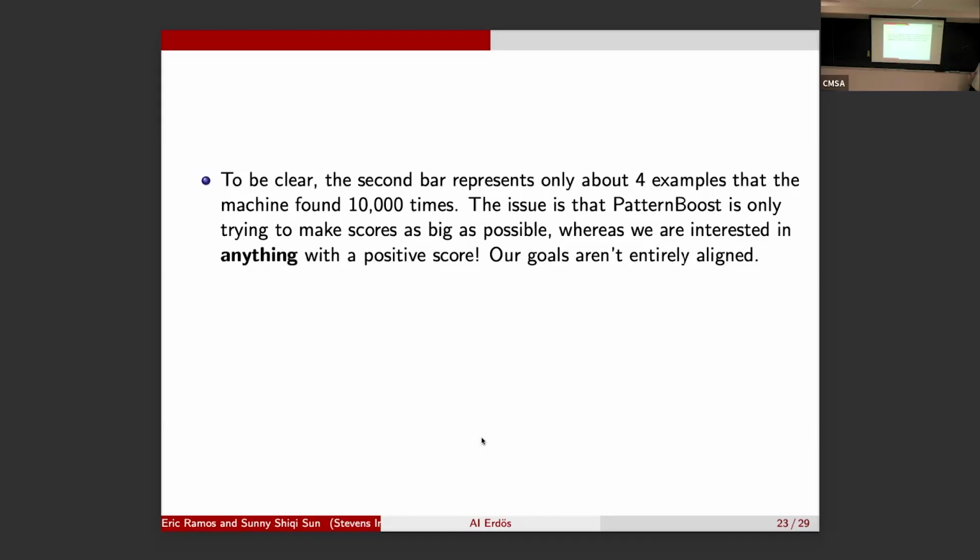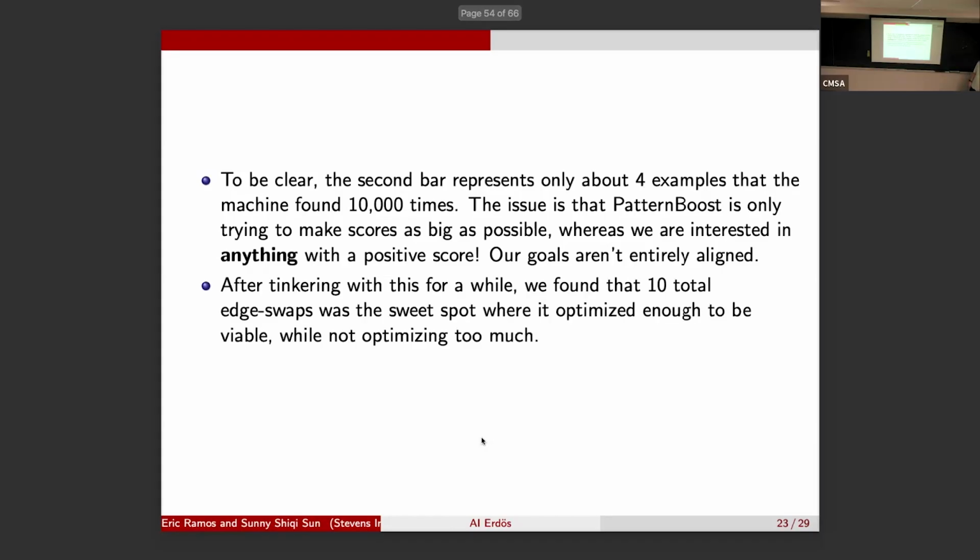Essentially, PatternBoost, myself and Sunny went to therapy together, and we aligned our goals. It turns out that 10 total edge swaps was a sweet spot, where it is optimizing the situation enough to be viable, but not so aggressively that PatternBoost makes things so big and positive that it ignores the small positive numbers.